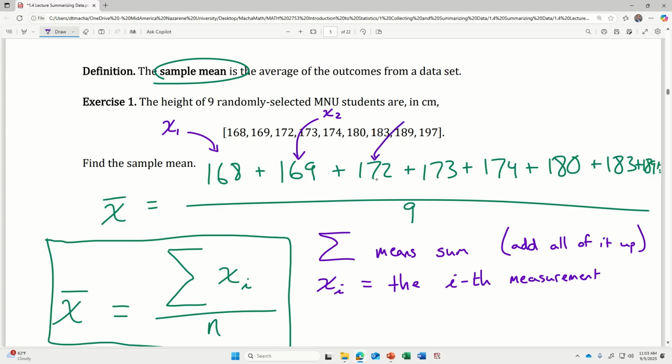This girl that's 172 centimeters, that's x3. This guy over here that's 173 centimeters, that's x4, right? I'm just using the subscript to number my measurements. That's what the subscript means. So if I write a big capital sigma and then an x with a little subscript i, that sigma is telling me add up all of the individual measurements. And then n is saying the sample size. How many measurements did I take? Okay?